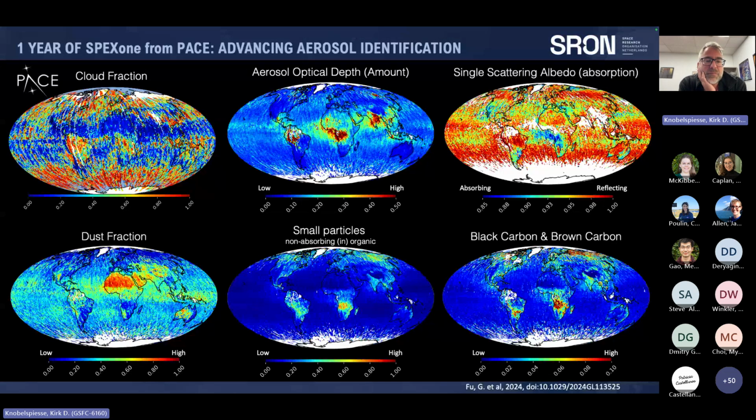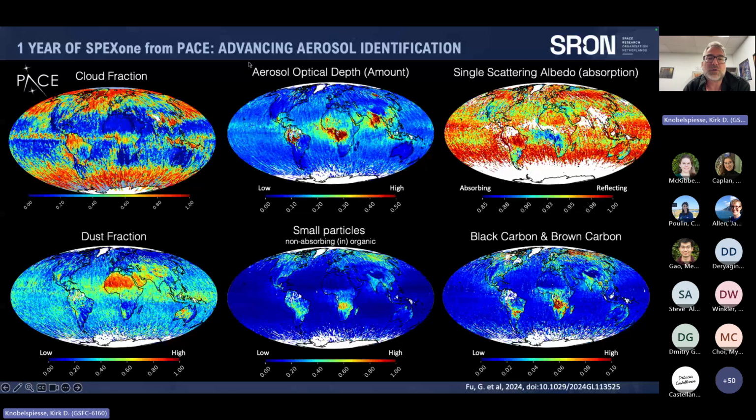So this is a couple months old. This is sort of a first year of observations from SPEXone with the RemoTap algorithm. And you can see the rich information content that the SPEXone instrument has for the purposes of aerosol retrievals. So we're able to retrieve not just aerosol optical depth, which is shown in the top center here, sort of the amount of aerosols, but descriptive properties of those aerosols themselves, such as single scattering albedo.